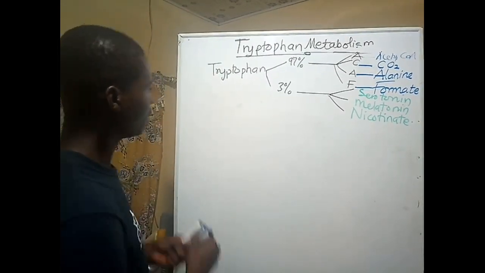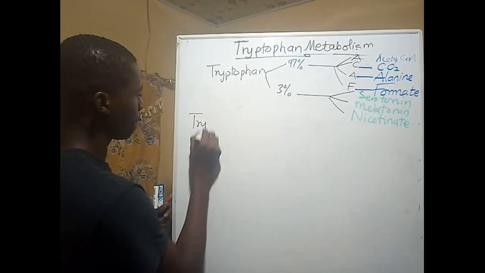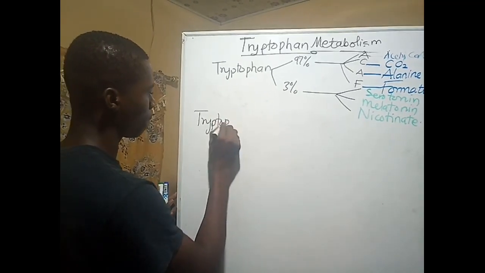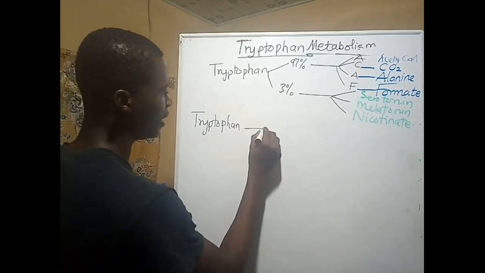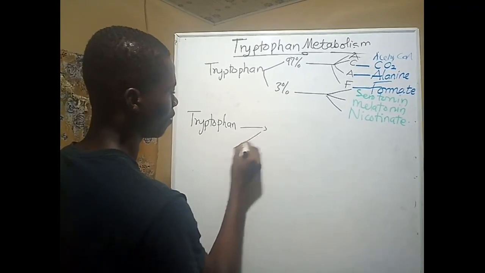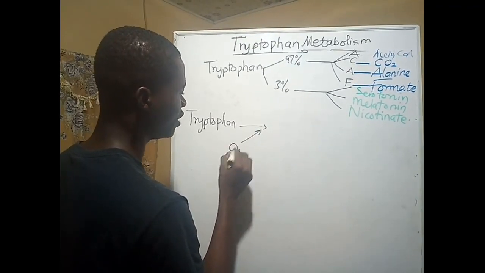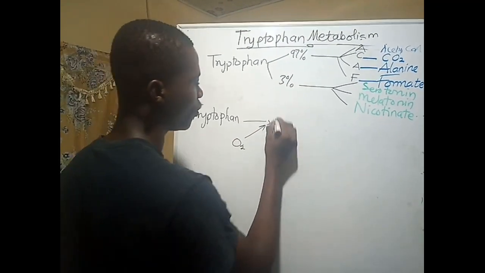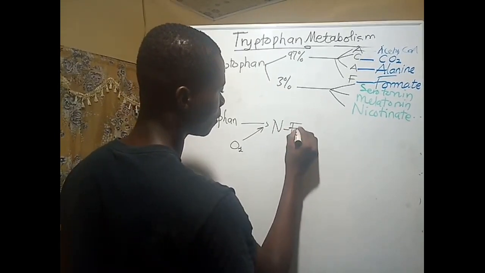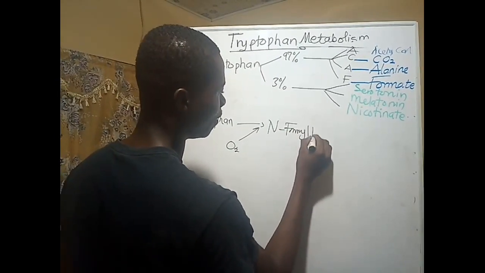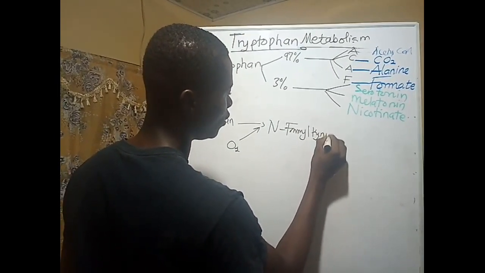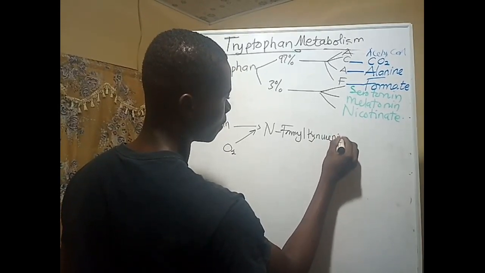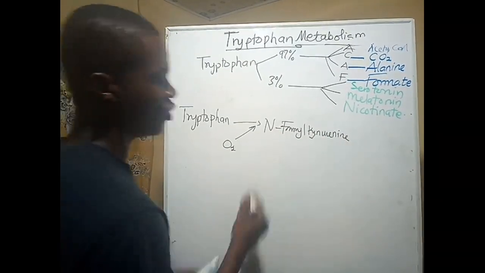Now, tryptophan is initially oxidized. So there is an oxidation reaction to produce N-formylkynurenine.